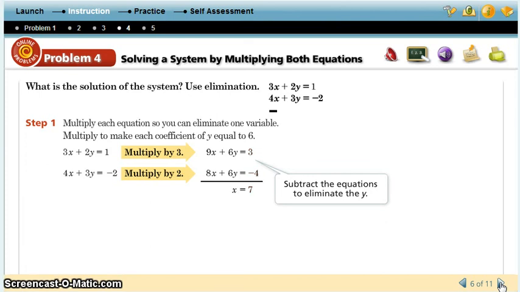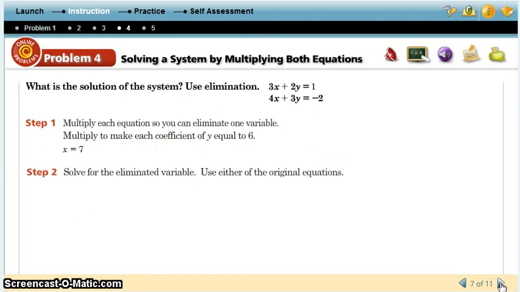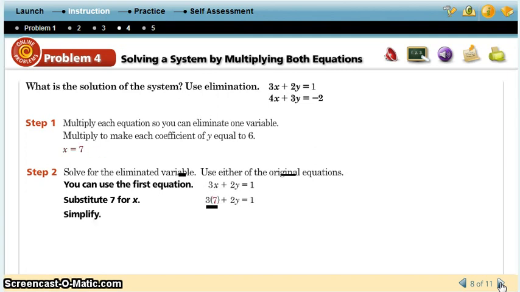So x equals 7. Step 2. Solve for the eliminated variable. Use either of the original equations. You can use the first equation. Substitute 7 for x. Then simplify.